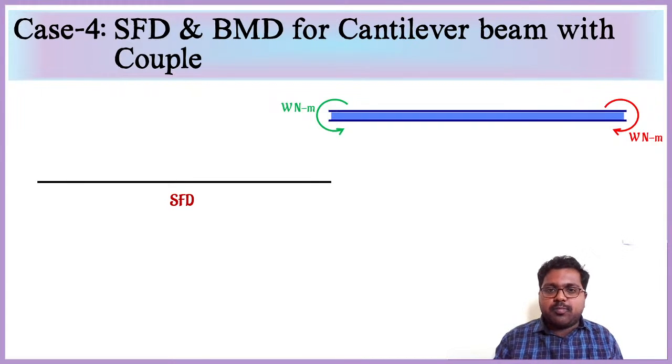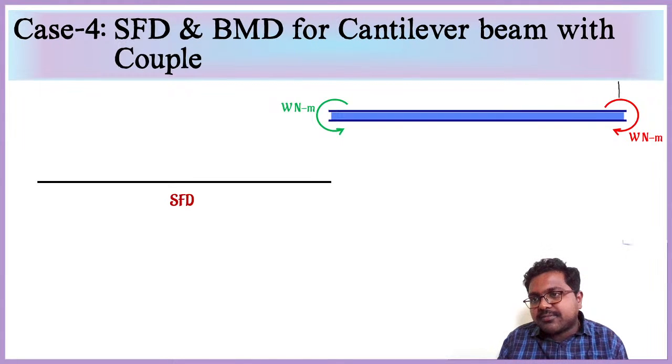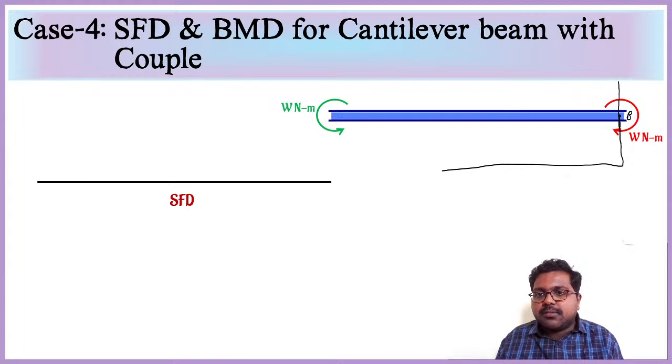When we see the bending moment, if I consider this section B, what is happening? A moment of W Newton meter is acting in a clockwise direction. On the right hand side, clockwise direction means it is a hogging kind, so we will have minus W Newton meter, and it will continue up to here.